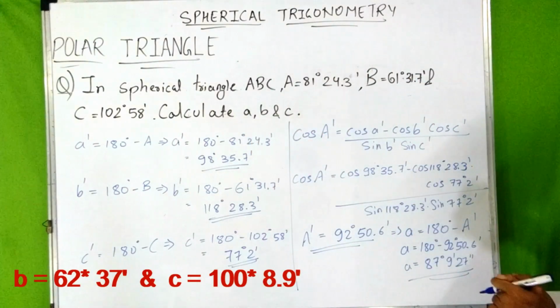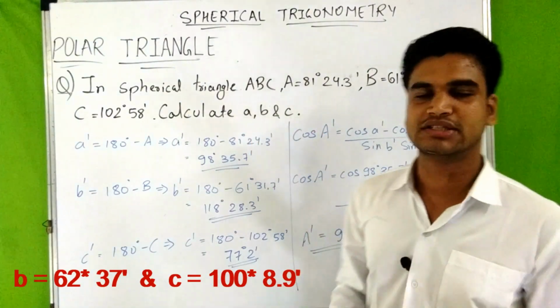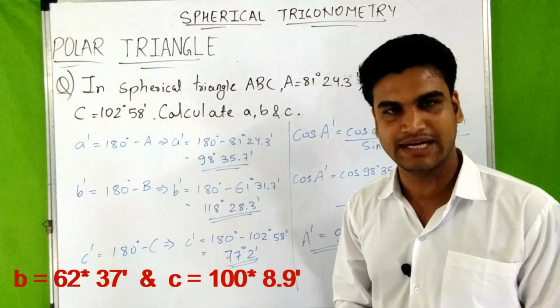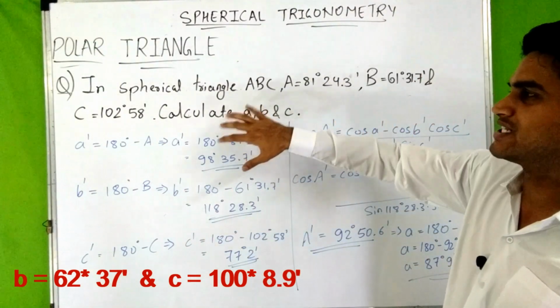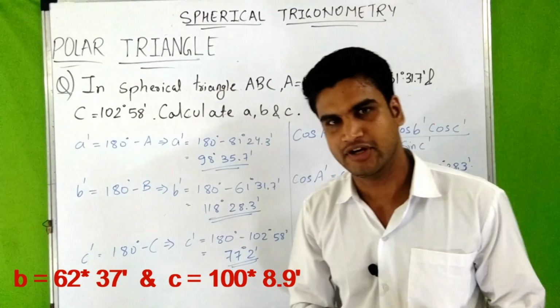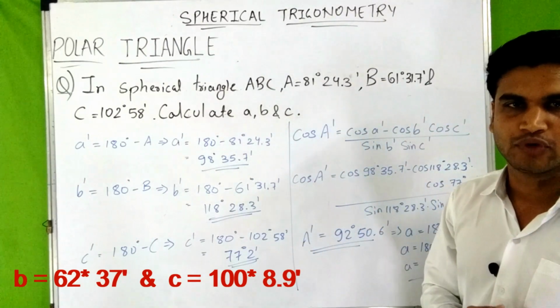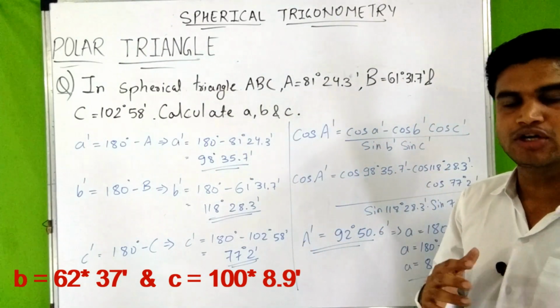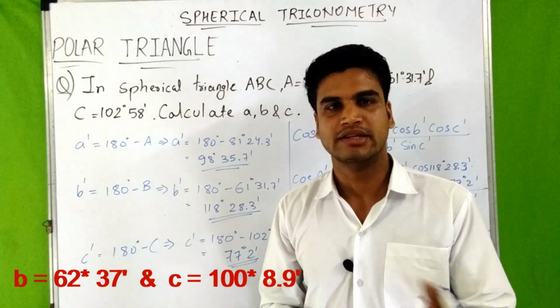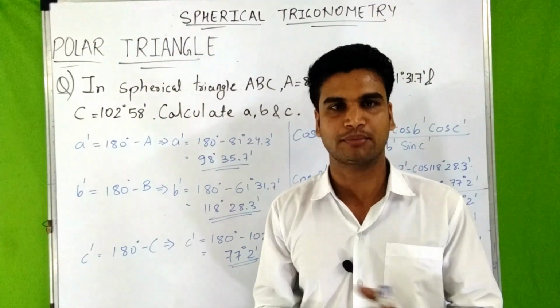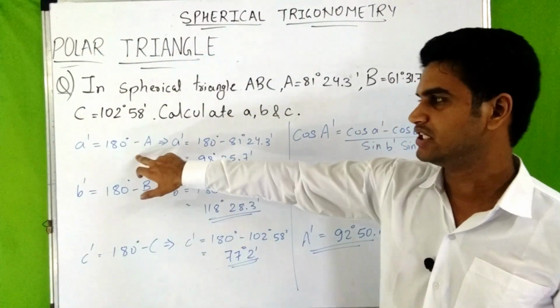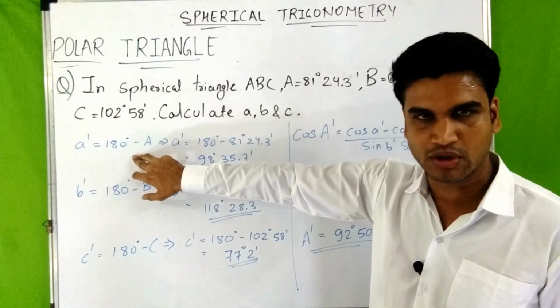So this is how you can calculate all the sides of a spherical triangle if all the angles of that spherical triangle are given to us. First, you will draw its polar triangle. Then you will calculate all the sides of the polar triangle with the help of this equation according to the first statement of polar triangle.